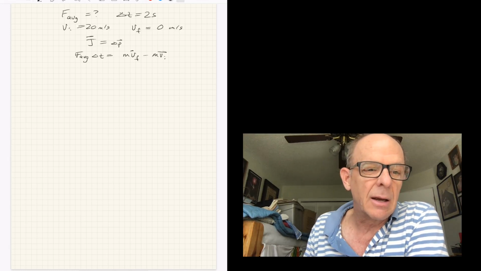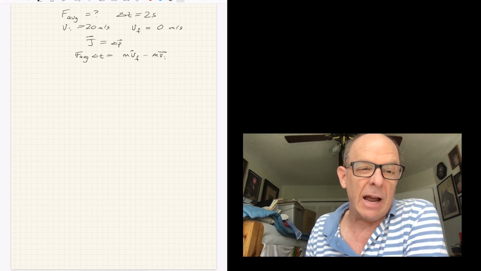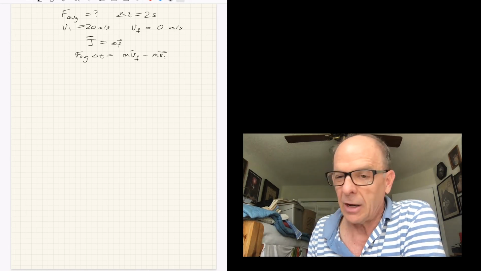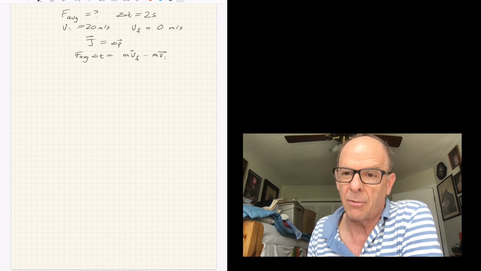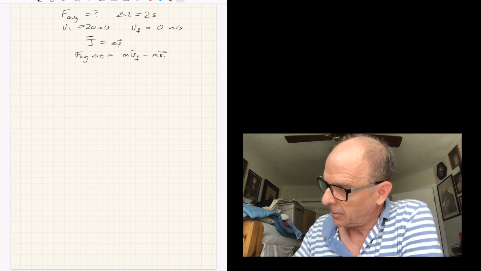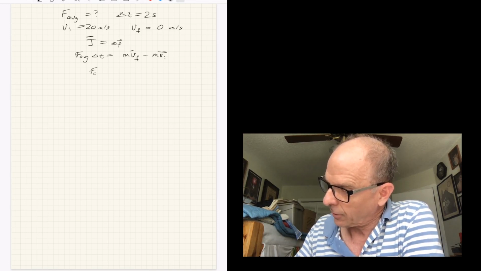So I think in the problem it asks us to estimate the force on the driver. So in this case we're going to need to estimate the mass of a driver. Let me just go ahead and write out what the average force is.